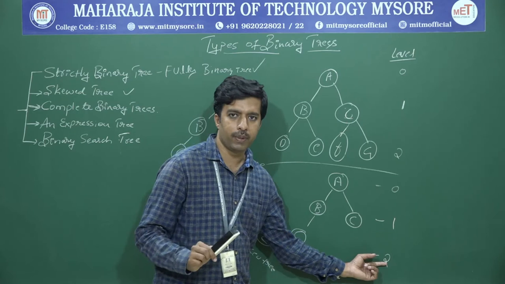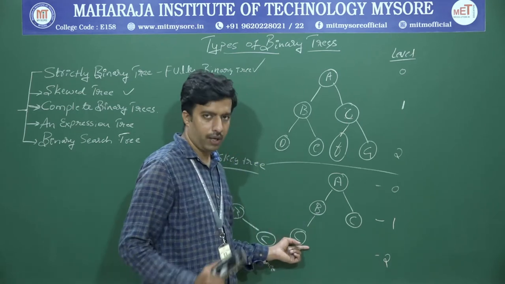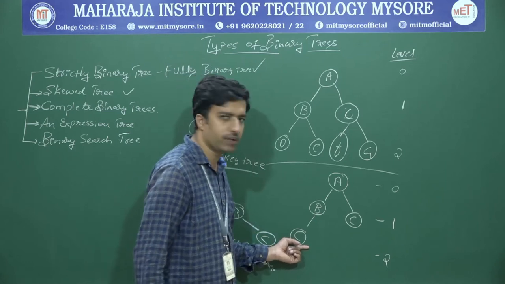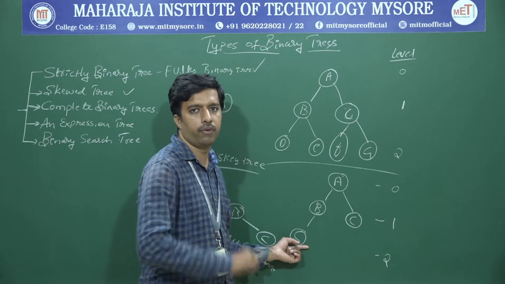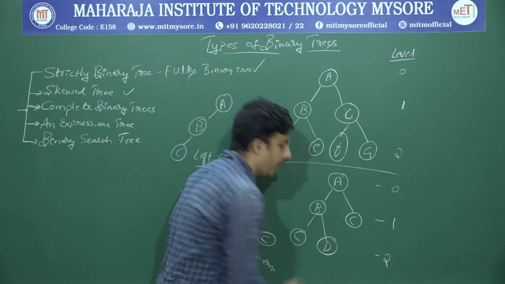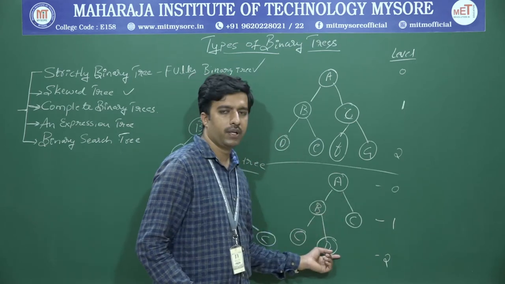Level 2 is not completely filled, but it is filled from left to right. The last level need not be filled, and it is still considered a complete binary tree as long as it fills from left to right. Now B, C, and D. Is it a complete binary tree? Yes. Why? Because it starts filling from left to right.